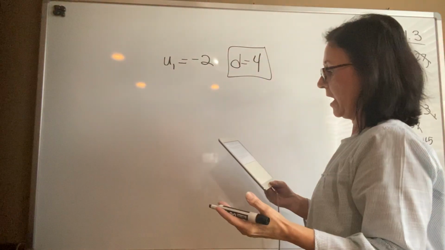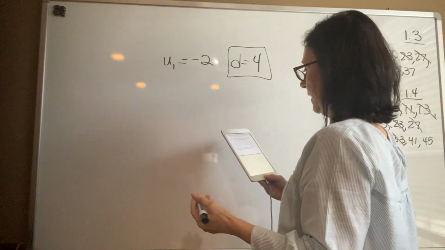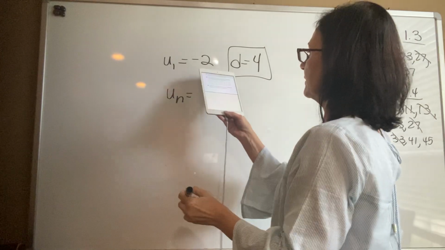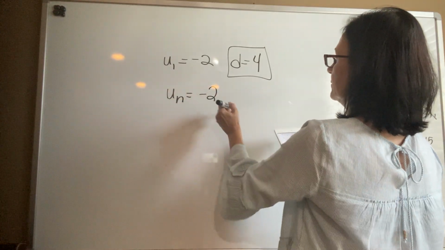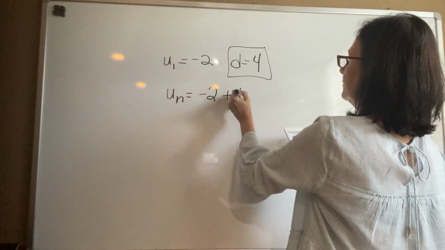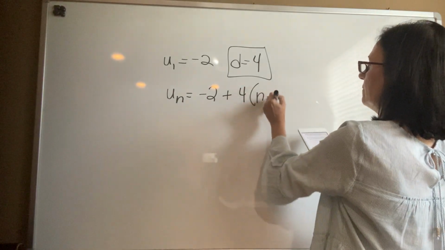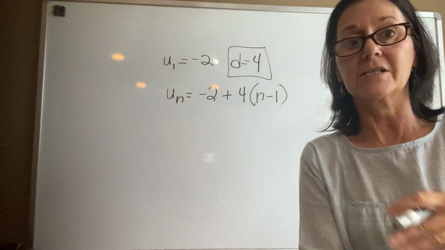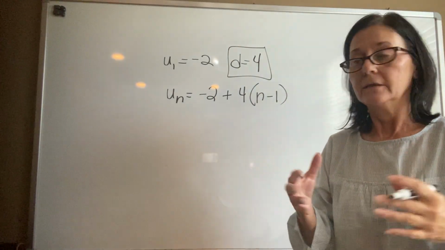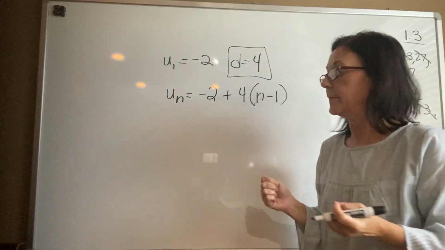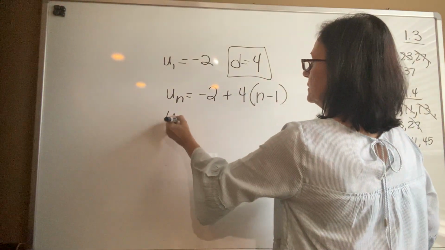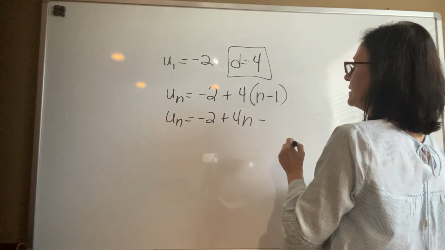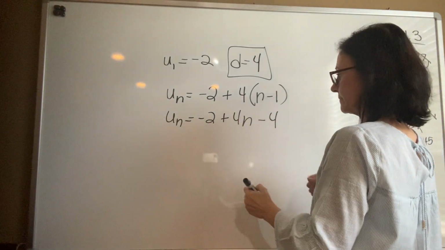All right, so I'm going to write it. U sub n equals the first term, negative 2, plus the difference, 4 times n minus 1. I'm going to use my explicit formula because when I multiply it through, it will look like slope-intercept. So U sub n is negative 2 plus 4n minus 4.